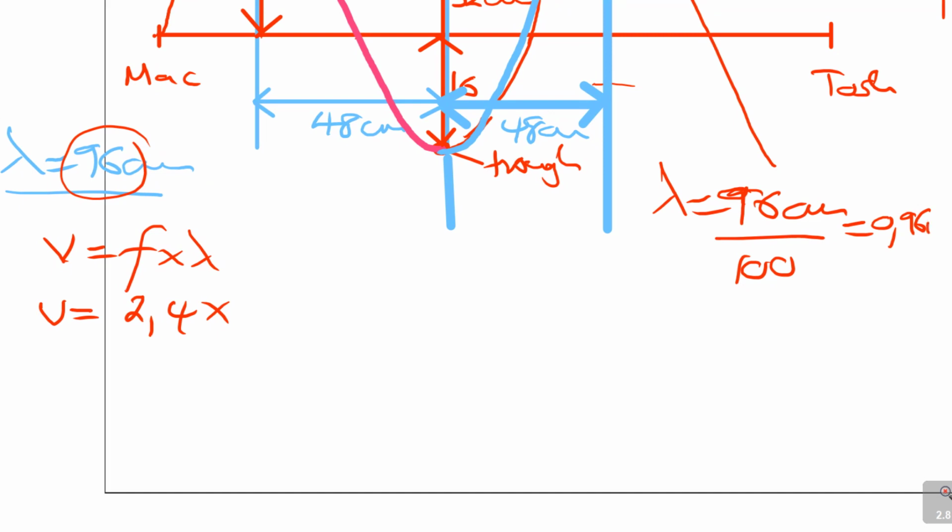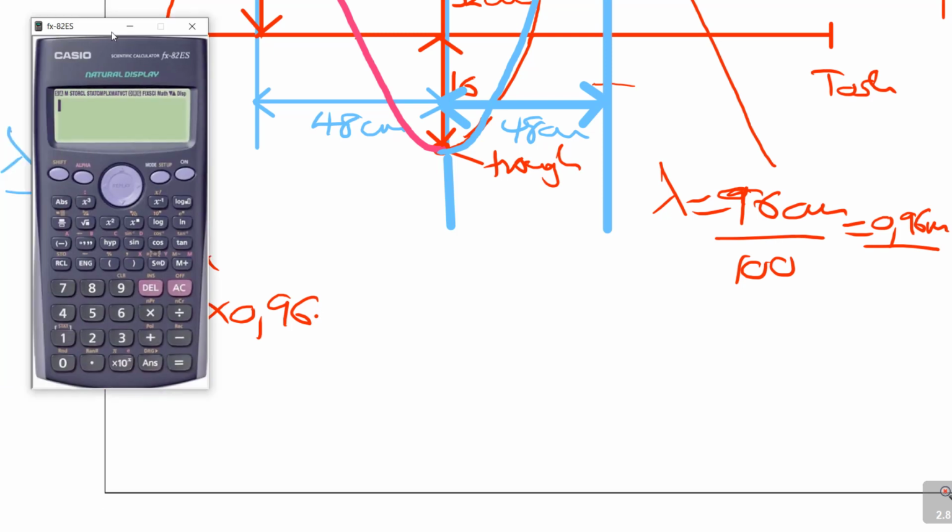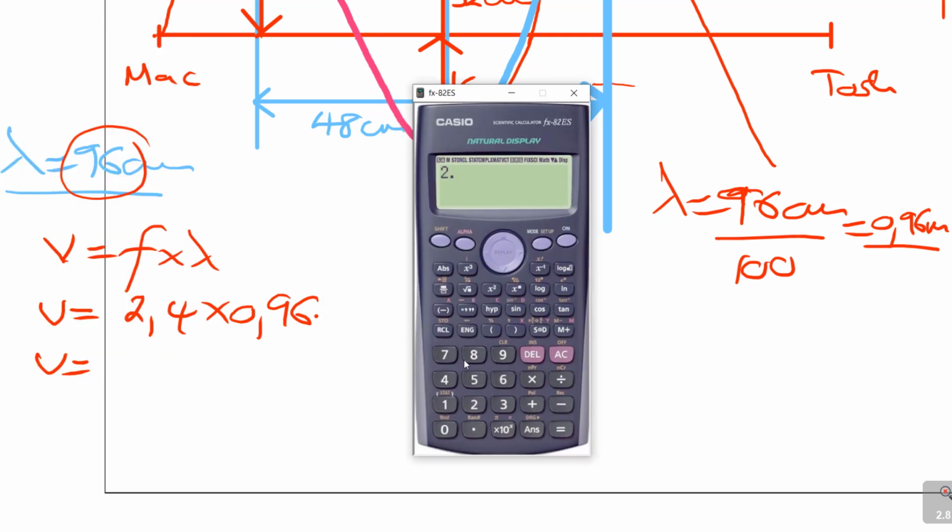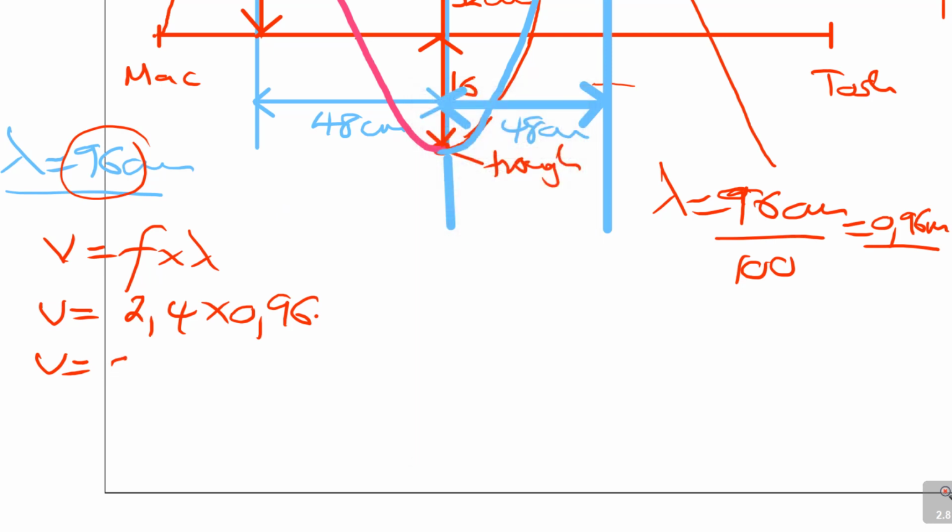See, that's how you convert. Then your V will be 2,4 times 0,96, equal to 2,304, which is 2,30 meters per second.